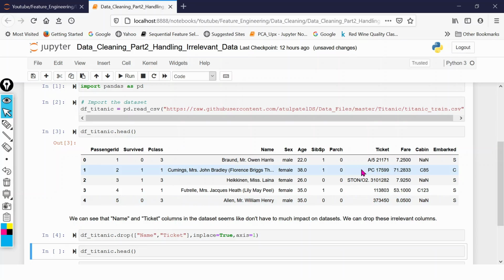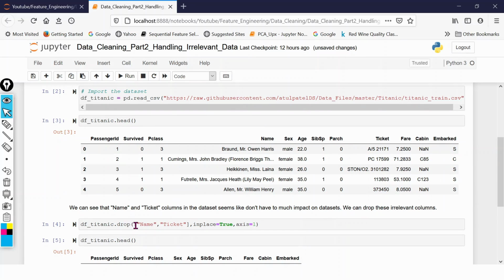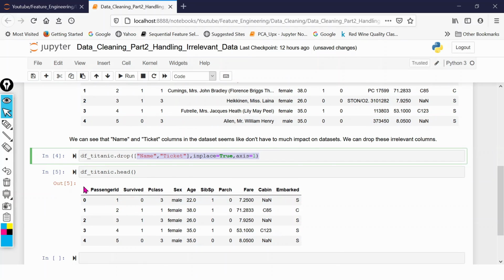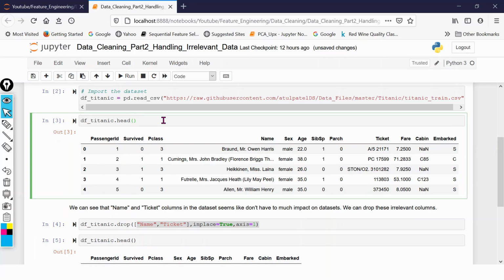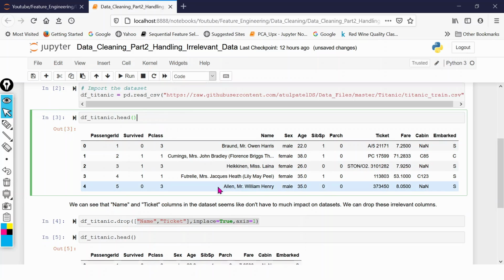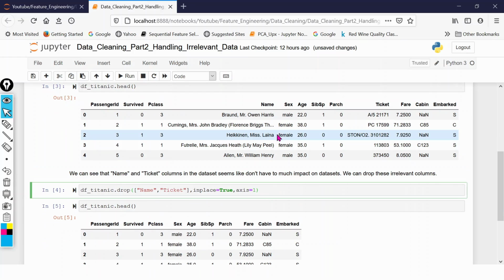So what we will do, we will drop these two columns, and the final columns are these columns. But because we did this step, we dropped these columns without taking any help from the domain expert, right? Maybe we can make some mistake. That's why I am telling you, just discuss with the domain expert.